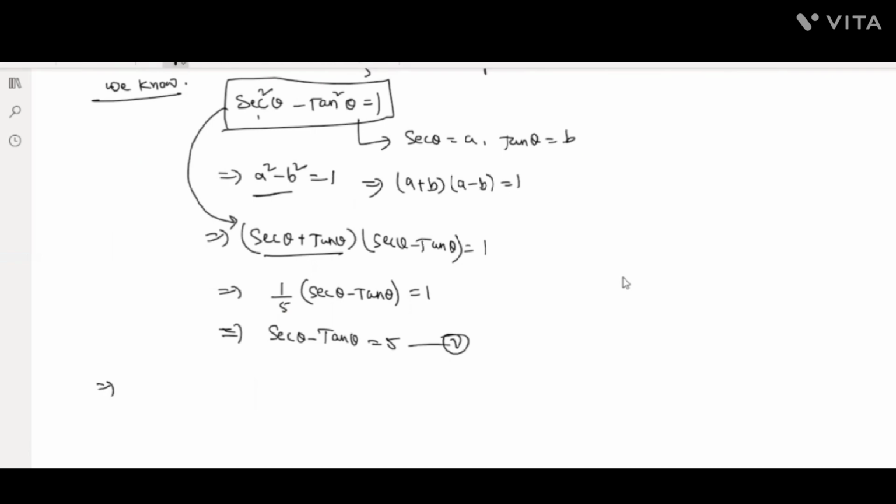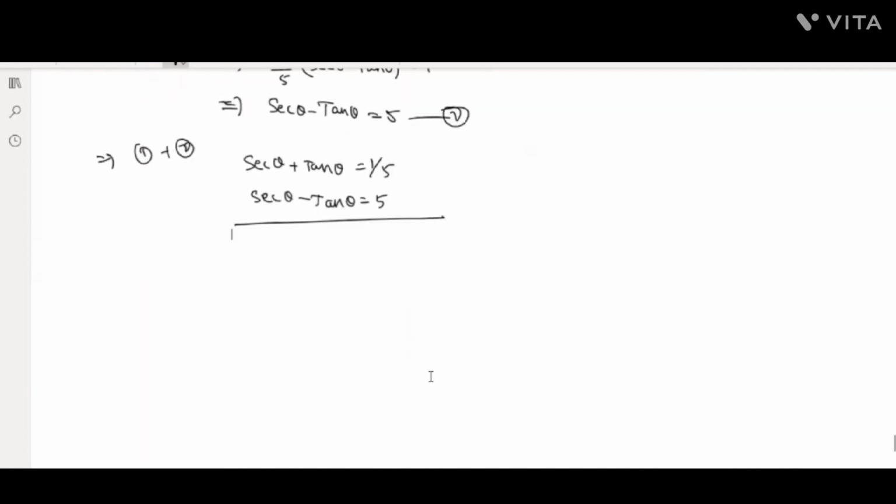So let's solve 1 and 2. If we do 1 plus 2, secant theta plus tan theta is 1 by 5, and secant theta minus tan theta is 5. If we add these two, plus tan theta and minus tan theta get cancelled.